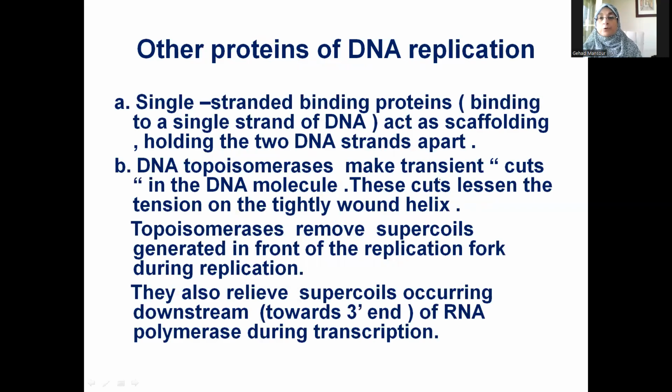So the DNA topoisomerases, as you see here, make cuts in the DNA molecule, but they are transient cuts, meaning that they are temporary cuts only for the super coils that occur downstream. Downstream means towards the 3' ends of the DNA molecule.